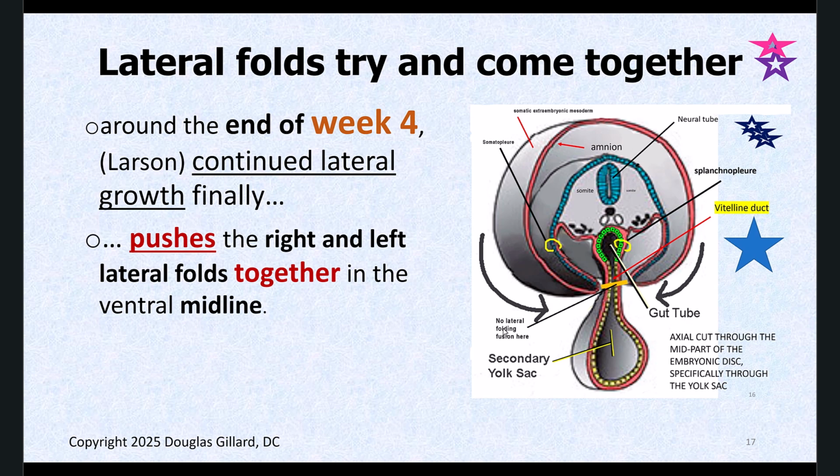So no lateral folding here. And this becomes a familiar structure, this kind of pinched off region of the secondary yolk sac. That becomes the vitelline duct, and that should ring a bell. What does that ring a bell towards? Meckel's diverticulum. That's all about a Meckel's diverticulum. And we'll get to that when the time comes.